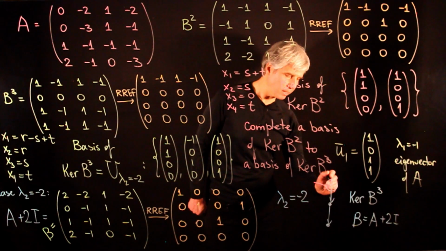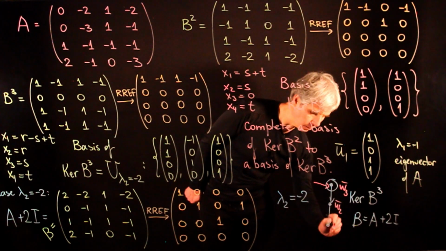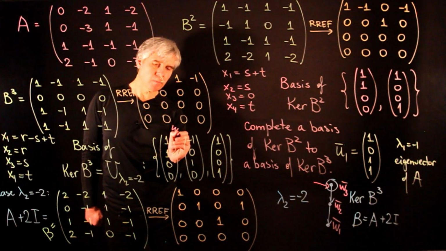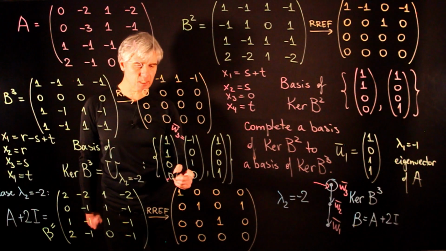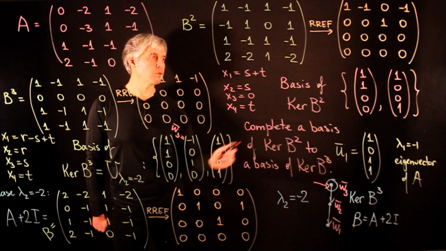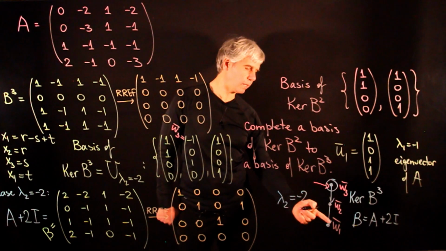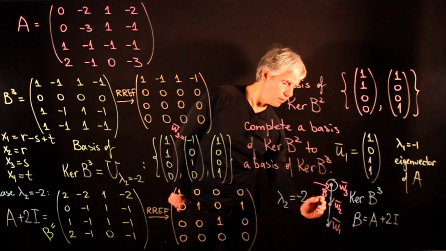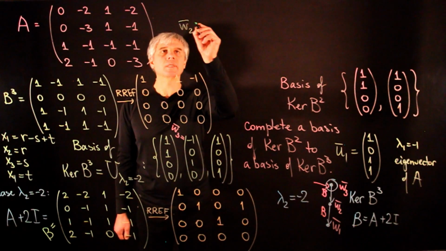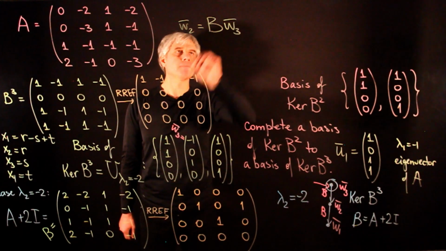If we label the vectors in this diagram as w3, w2, and w1, then we see that as the top vector w3, we can choose this vector from the basis of the kernel of B cubed, (-1, 0, 1, 0), because the other two vectors form the basis of the kernel of B squared. Finally, we compute vectors w2 and w1 by going down the strand and applying the transformation B. So we get that w2 is equal to matrix B applied to w3.